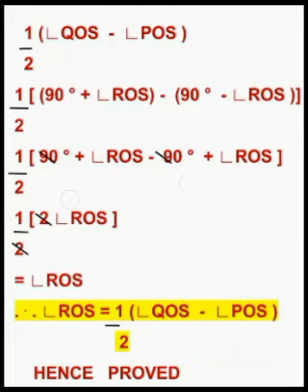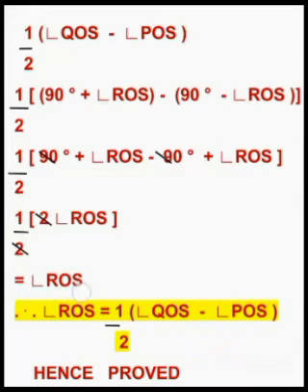Okay. Then here what is left? Plus ROS, angle ROS and angle ROS. Then if you add these two, you will get 2 of angle ROS. Isn't it? So, half into 2 of angle ROS. 2 will cancel. What is left there?